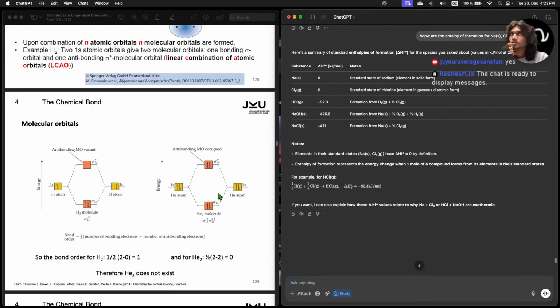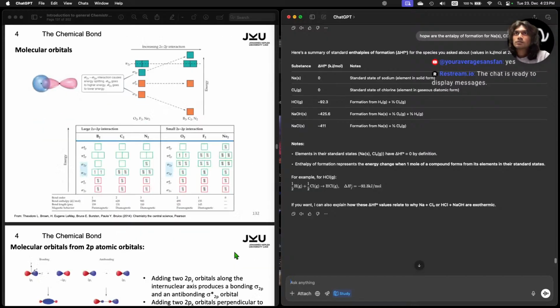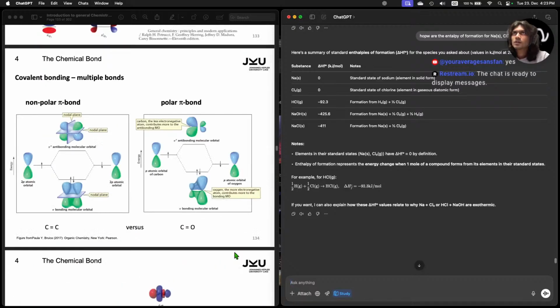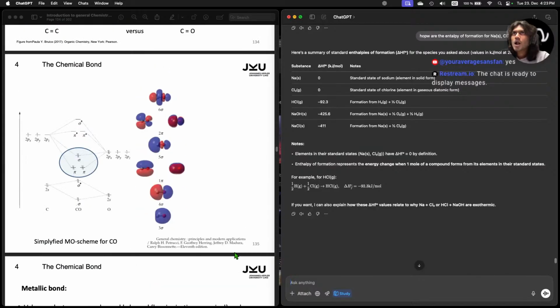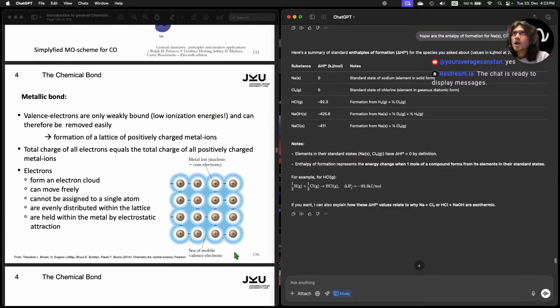Molecular orbitals. Yeah, this part I fumbled here. Covalent bonding, multiple bonds, polar, non-polar. Metallic bond, there we go. The sea of electrons.